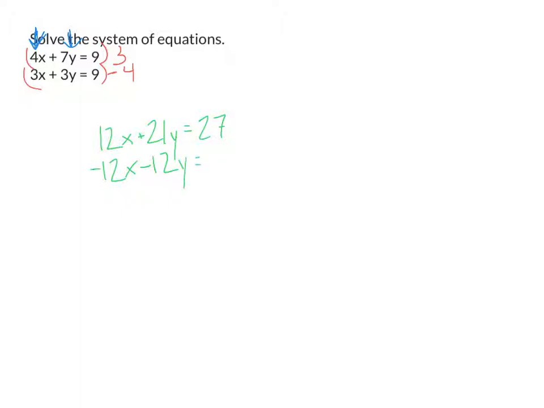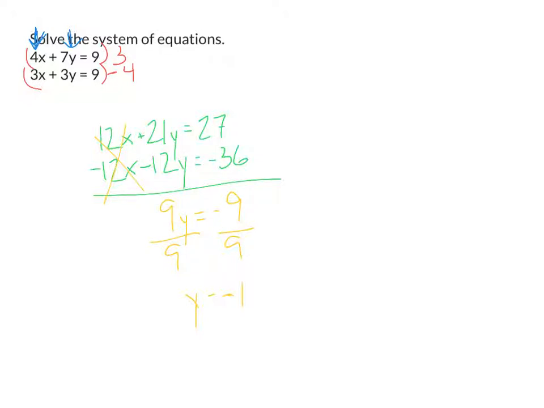And then that's equal to 9 times negative 4, which is minus 36. And we're ready to add down our columns. So our x's cancel just like we wanted. 21y minus 12y is 9y, equals 27 plus negative 36, which is a minus 9. And if we divide both sides by 9 to get y alone, y ends up being negative 1.